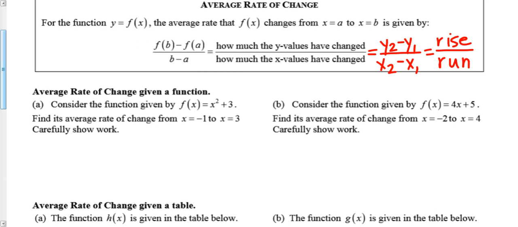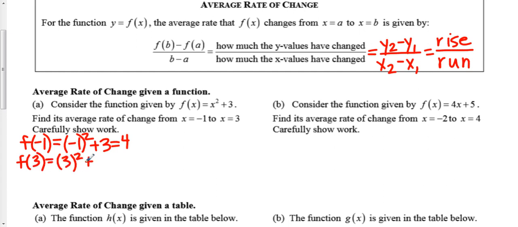We now have to first figure out our y values, and this is pretty easy. So we're going to start with f of -1, and we're going to substitute -1 in for x and solve. Okay, so -1 squared is 1, 1 plus 3 is 4. And I'm going to do this again for f of 3. Okay, we're going to substitute 3 in for x. 3 squared is 9, plus 3 more is 12.